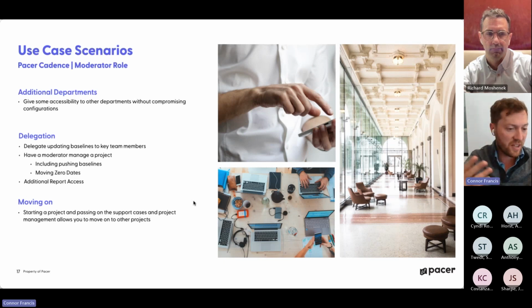There are a lot of use case scenarios, kind of like what I just went through, adding those other departments. I recently worked with a client where they're opening up a hotel and they had one giant baseline, but they decided it doesn't make sense for an admin at the corporate level to be managing the sales baseline, the operations baseline, and the information technology baseline.